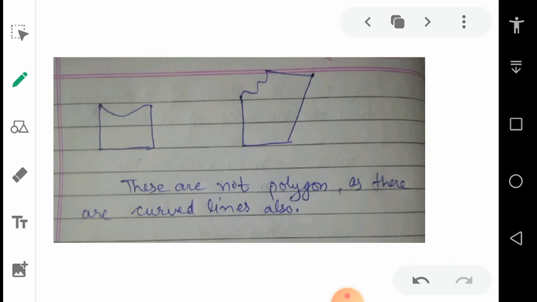So the condition for a geometrical shape to be a polygon is that all the parts of the boundary should be straight lines only. Now both these shapes are not polygons. Okay, and it should be closed also.